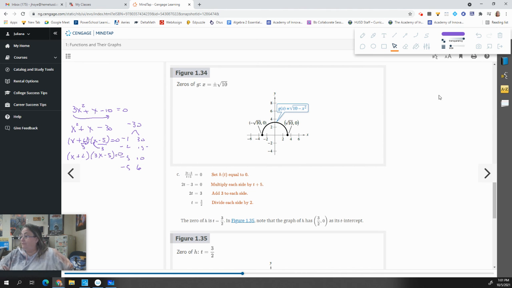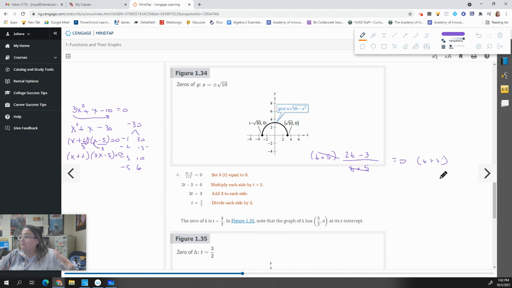If I have 2t minus 3 over t plus 5 equals 0, and I multiply both sides by t plus 5, what happens here?